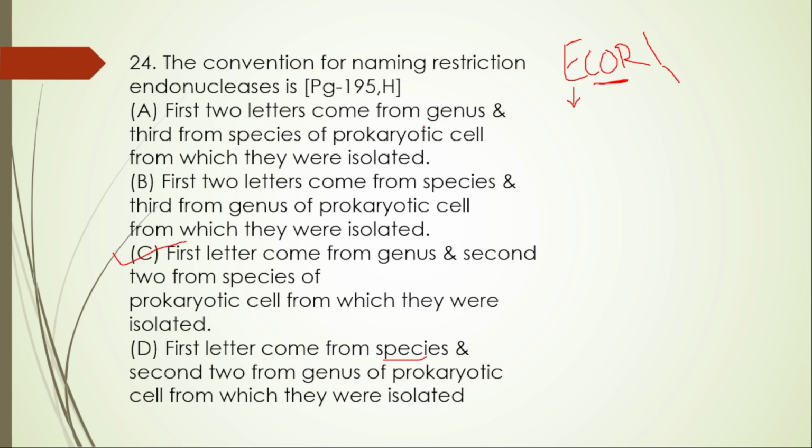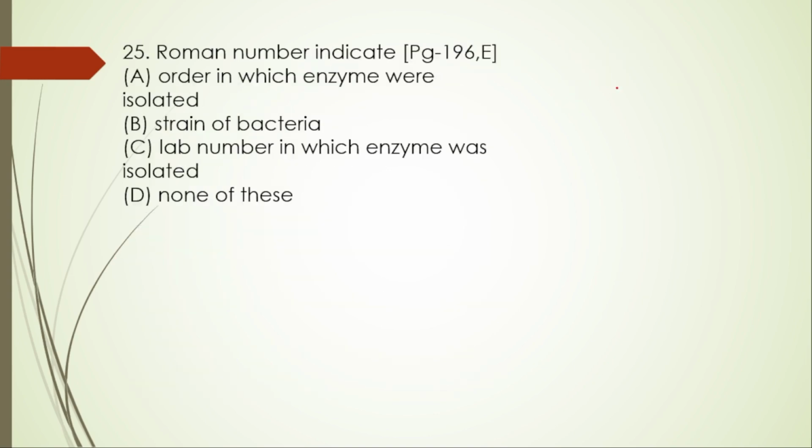So the first letter comes from the genus, the next two letters come from the species of the prokaryotic cell from which they were isolated. So here it is isolated from Escherichia coli.